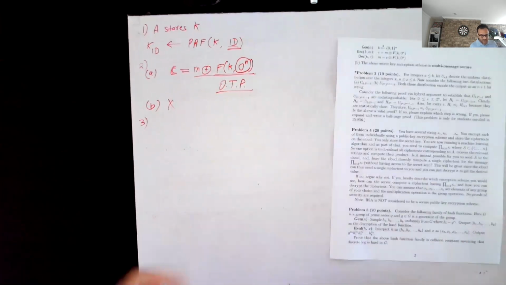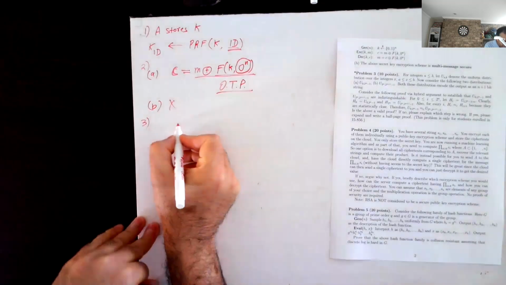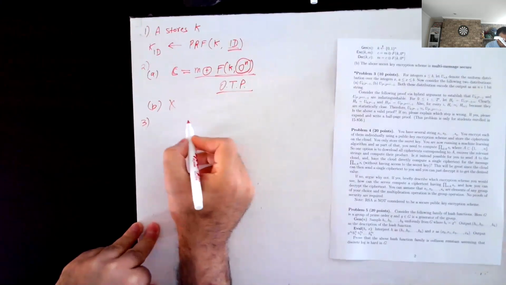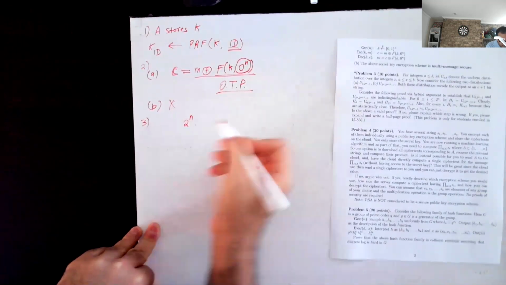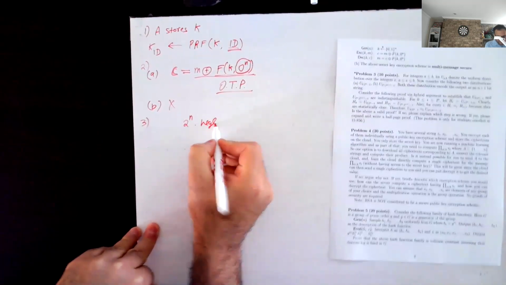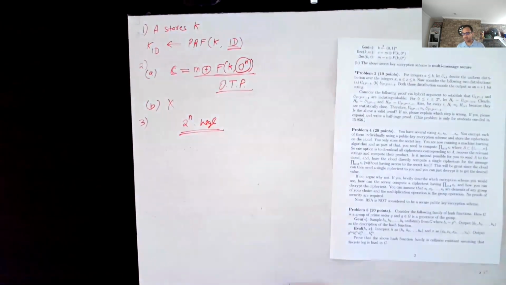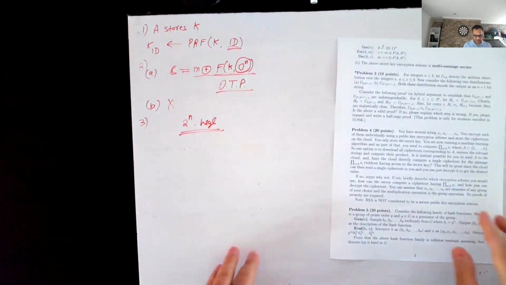And even if two consecutive distributions are close to each other, when you sum them all up, it will be 2 to the power n times some negligible quantity, and this may or may not be noticeable. So at least the usual hybrid argument doesn't let you prove that the first and the last distribution are indistinguishable. And this is where the proof breaks down.